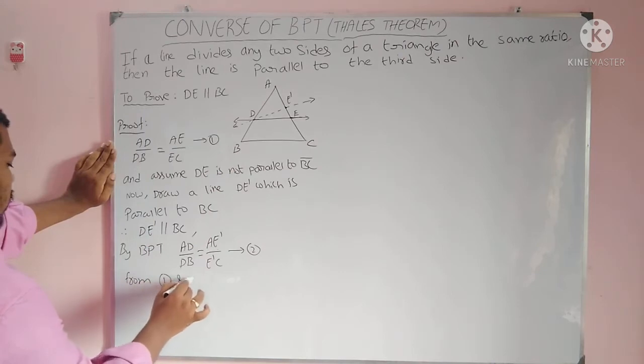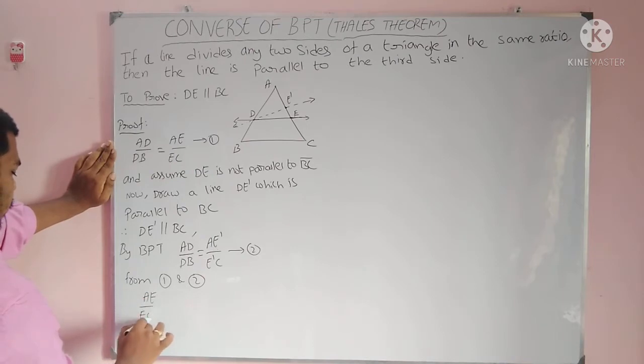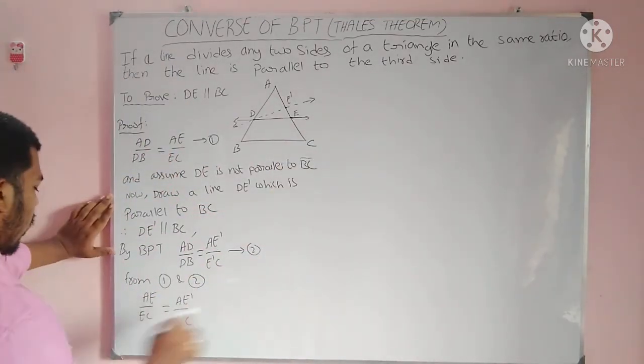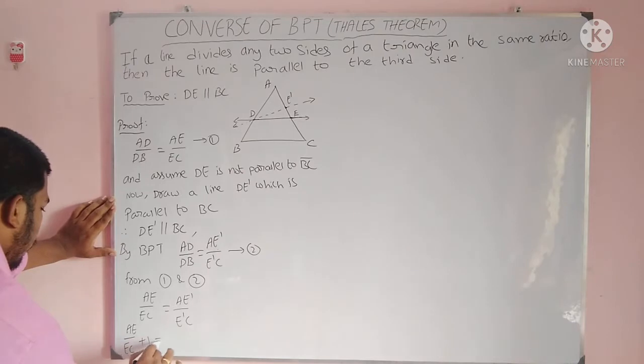From 1 and 2, we can write AE by EC is equal to AE dash by E dash C. Now add 1 on both sides. AE by EC plus 1 equals AE dash by E dash C plus 1.